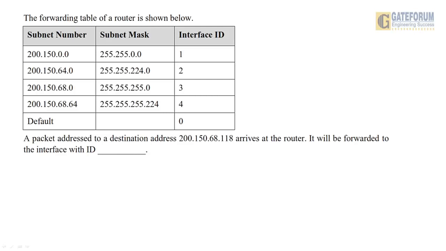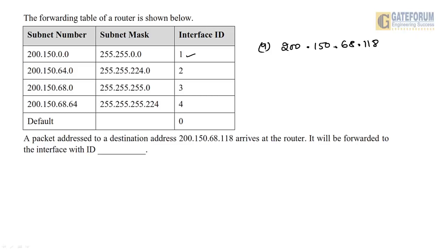So for that, simply you need to do one thing. Let's see here. First we need to check with interface 1. The destination packet address would be 200.150.68.118.